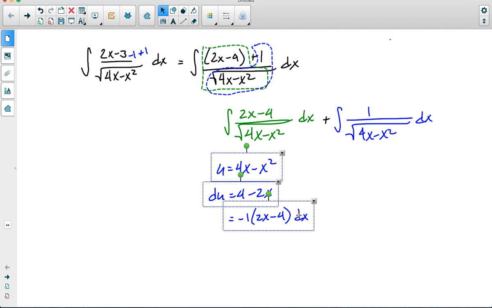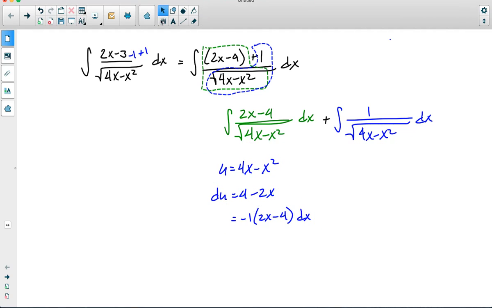to that green antiderivative. And so when I substitute, if I wanted to do substitution, I can now throw a -1 in here, and I've created my du. I need to offset that with the -1 out here. So now I have the negative antiderivative. All of that is my du in the numerator.